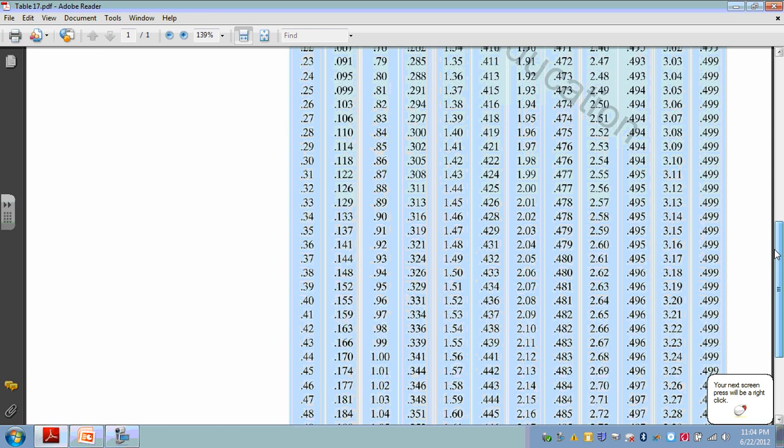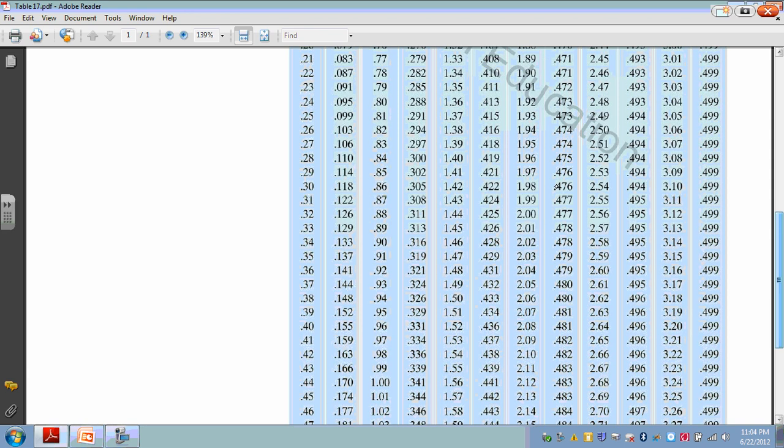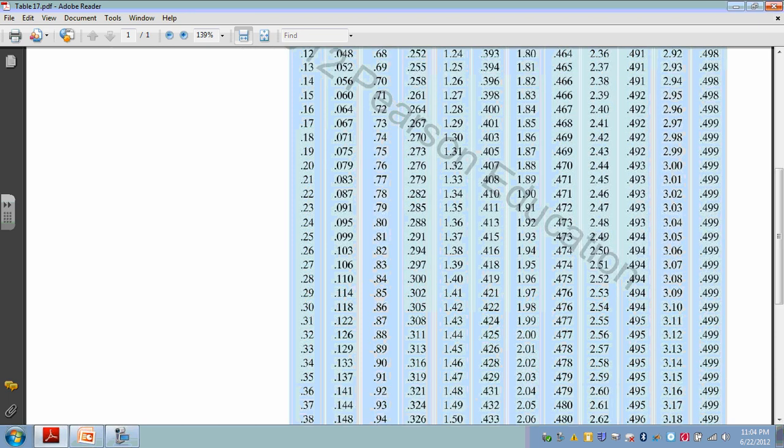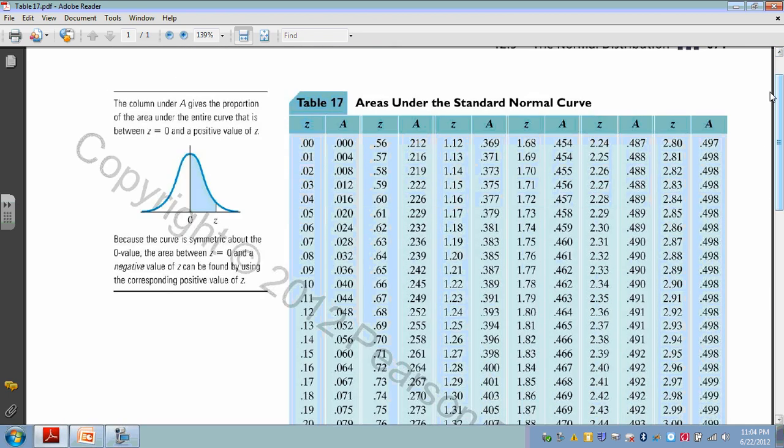What we're finding here, and this is a good one to look at, is that when you look at, for example, the 1, remember we said that one standard deviation from the mean is 68%. So you'll notice that what you have here is 0.34, because what they're giving you in the table is the value to the right or the left.